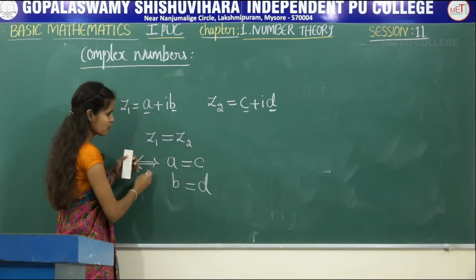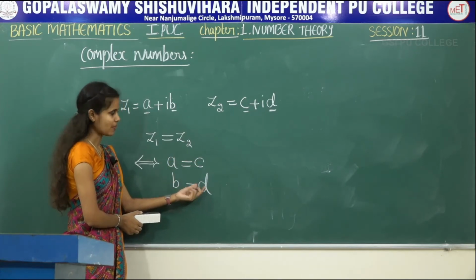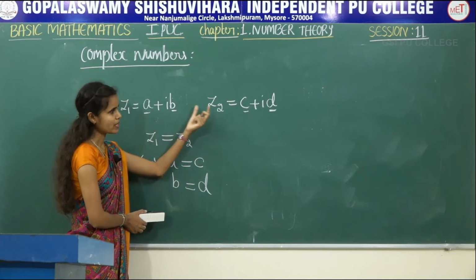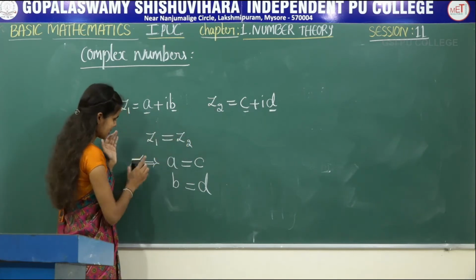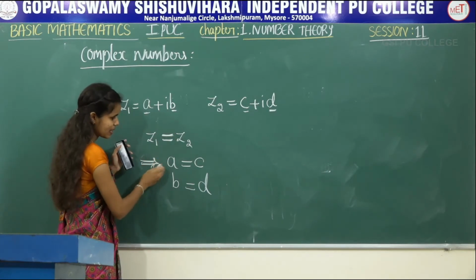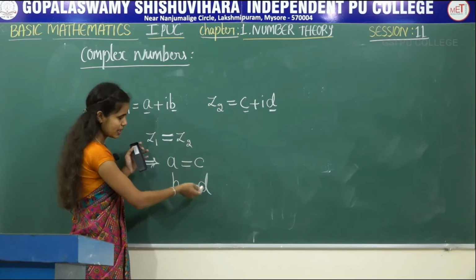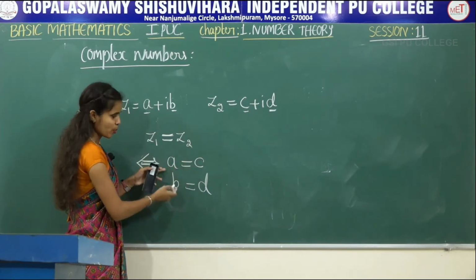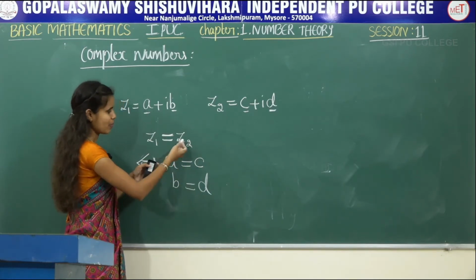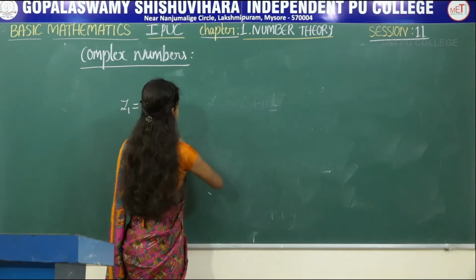Conversely, if the corresponding real parts and corresponding imaginary parts are equal, then the given two complex numbers are equal.